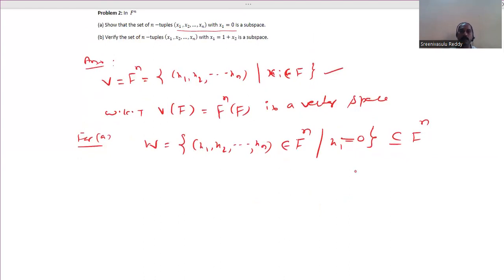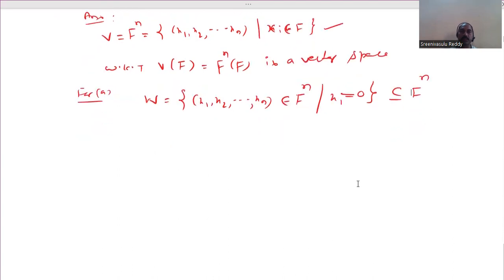We want to show that W is a vector space. As usual, by the routine procedure, take two vectors alpha, beta from W. So as per hypothesis, alpha equals the n-tuple (x1, x2, ..., xn), which belongs to Fn, such that x1 value should be 0.